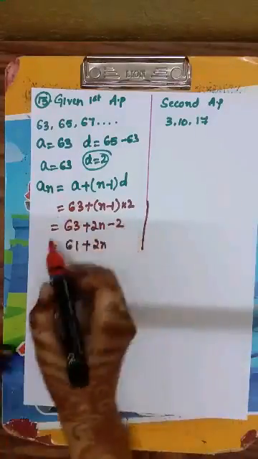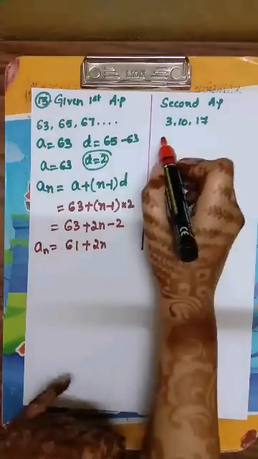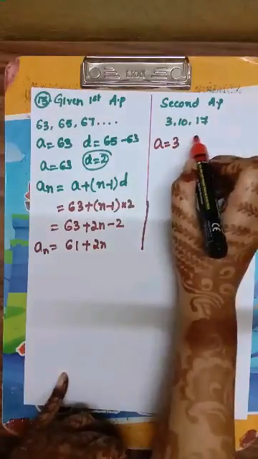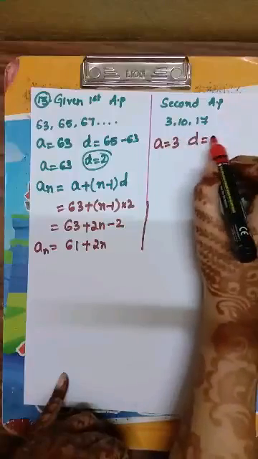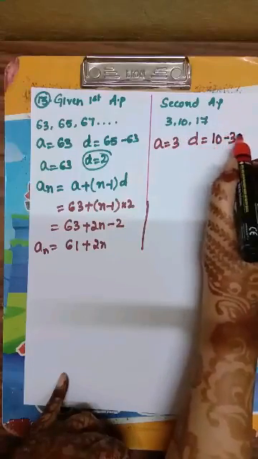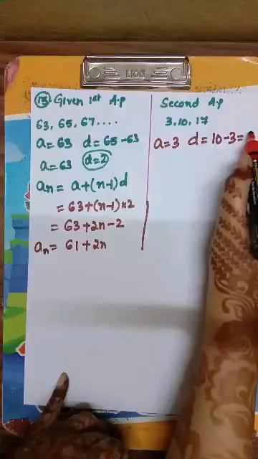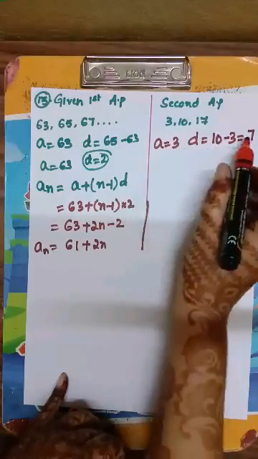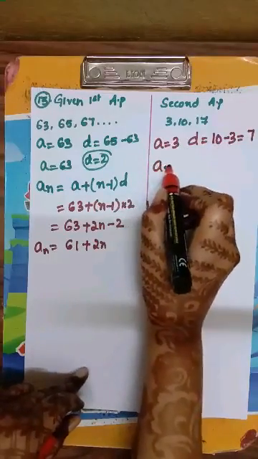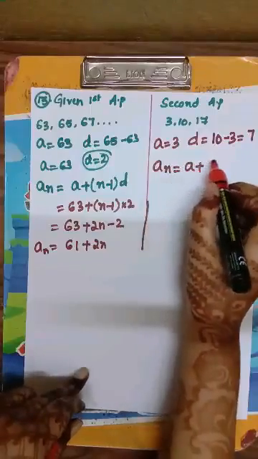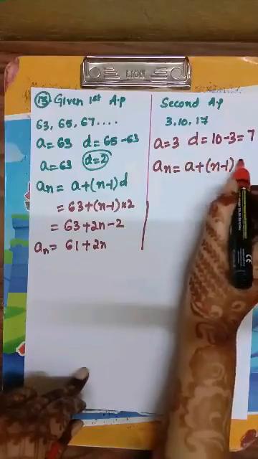Now we will find the nth term of the second series. Here a is 3, d is the second term minus the first term, that is 10 minus 3, which is 7. a is 3 and d is 7. The nth term formula, an is equal to a plus n minus 1 into d.